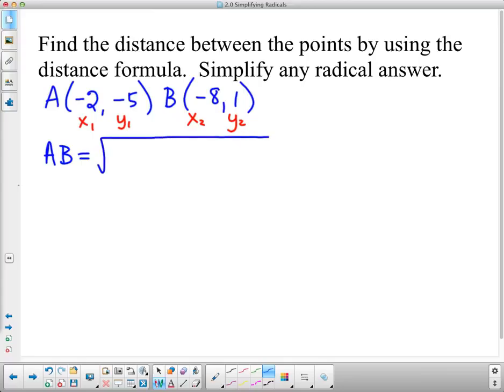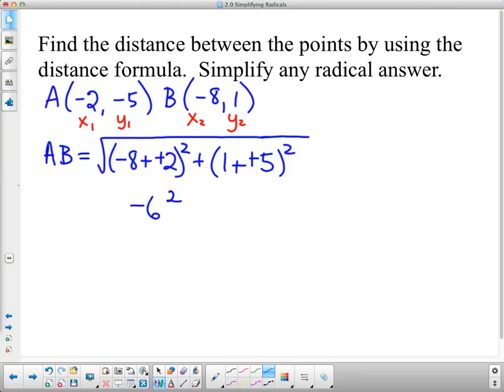So square root of, let's see, did I put the x's first? Okay. So -8 minus -2 squared plus 1 minus -5 squared. Minus negative plus positive. So -8 plus 2 is -6, but we still have to square it.